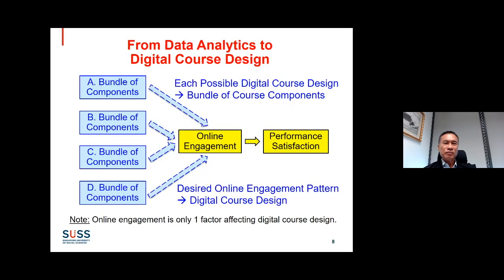This diagram here shows the different feasible ways that we can bundle instructional materials, activities, and instructions to create particular course designs. In this example, I've got 4 different bundles of components that I call A, B, C, D, and each of these will represent a particular course design for an online course or a digital course.